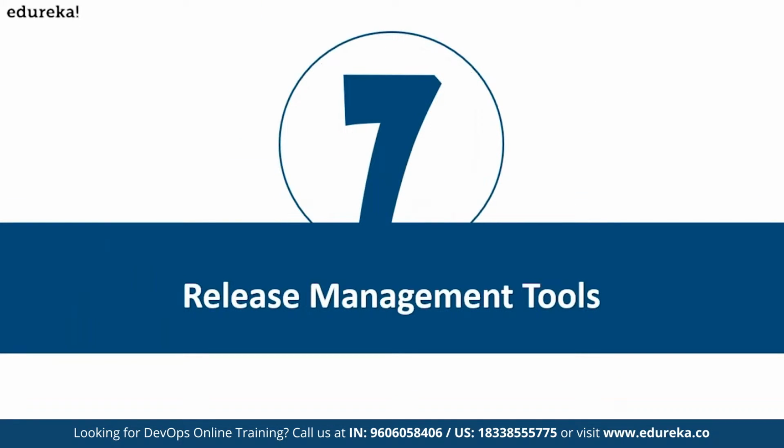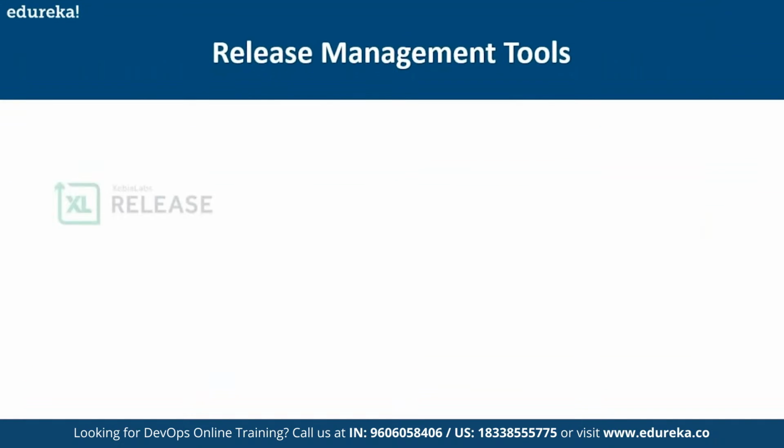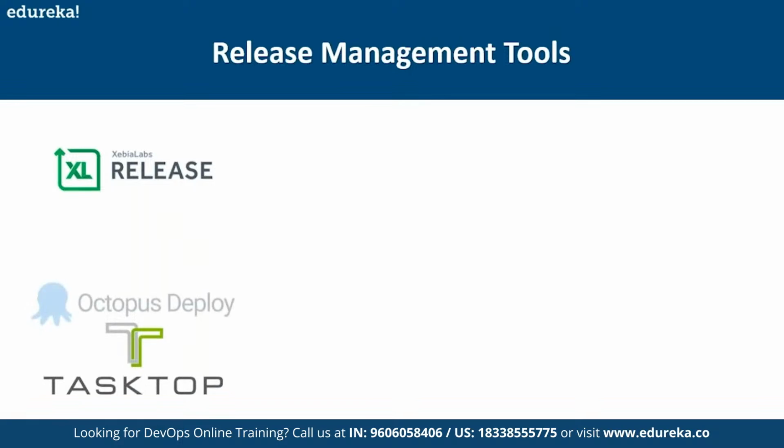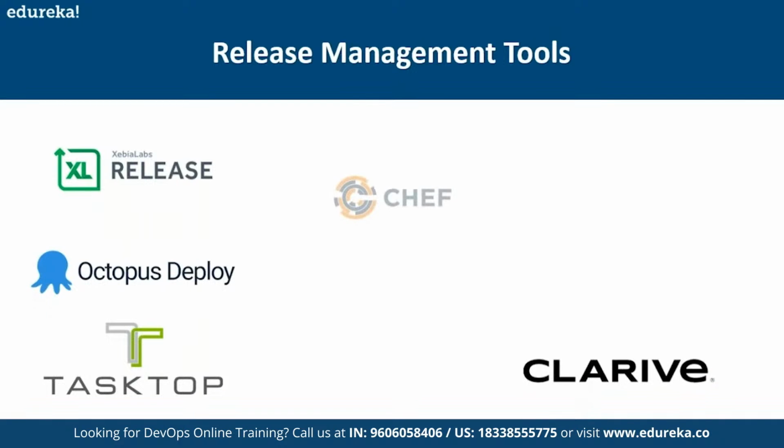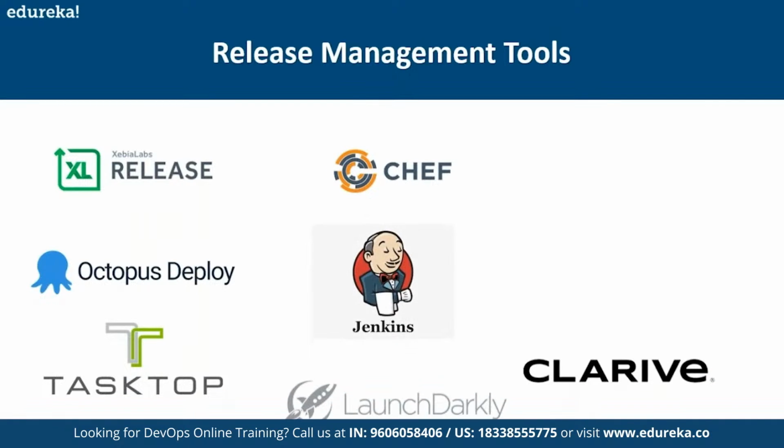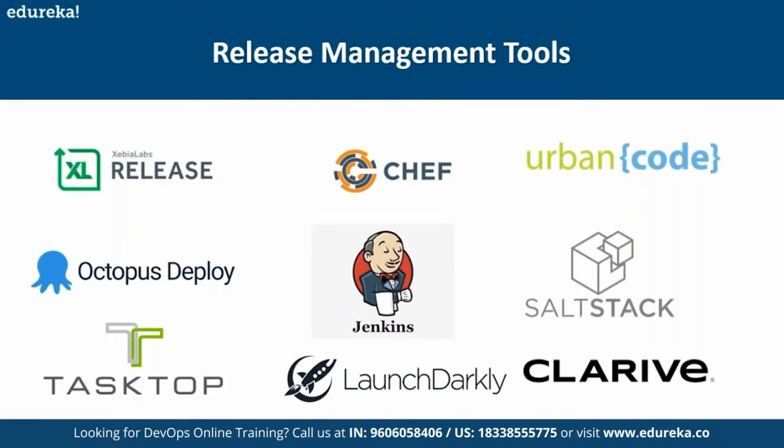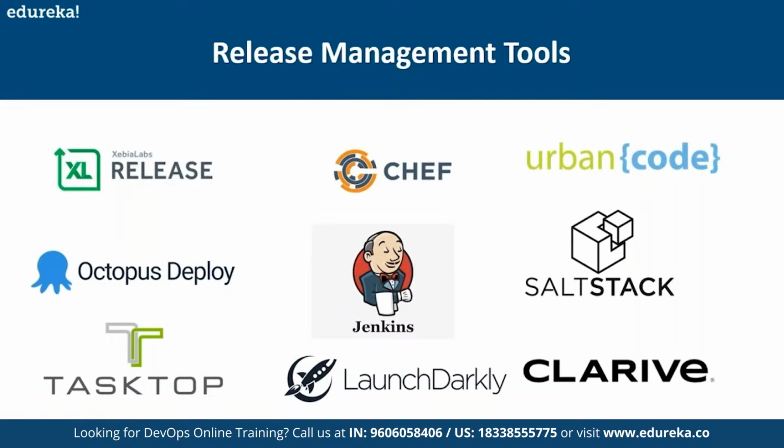Now, what are the tools for us to work with in order to manage release management? The main tools are Xebia Labs Release, Octopus Deploy, Tasktop, Chef, Jenkins, LaunchDarkly, UrbanCode, SaltStack, Clarive.